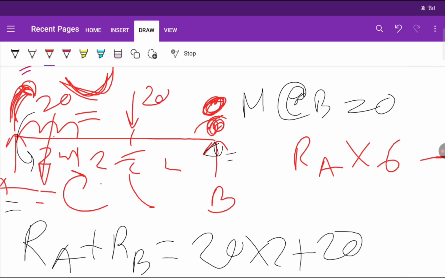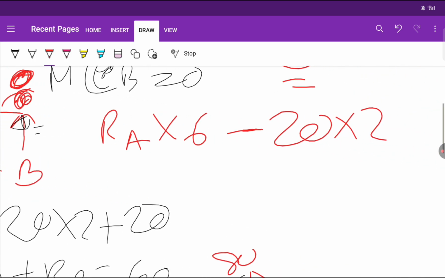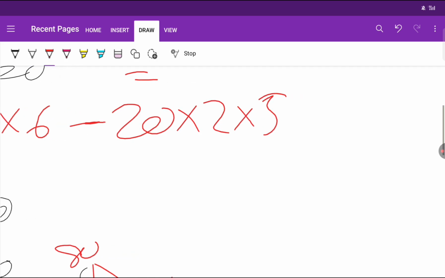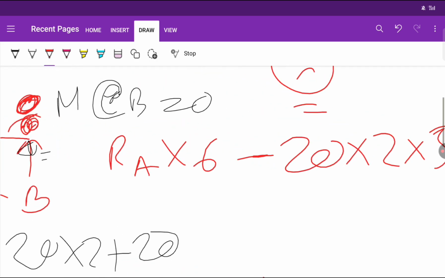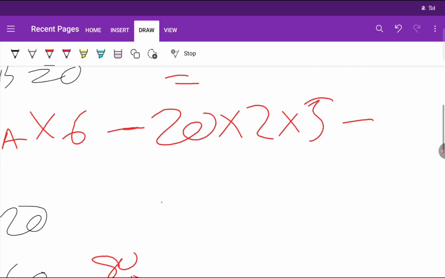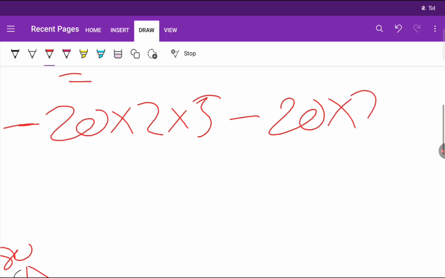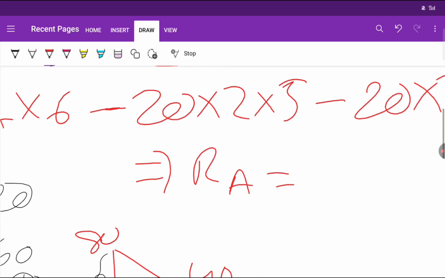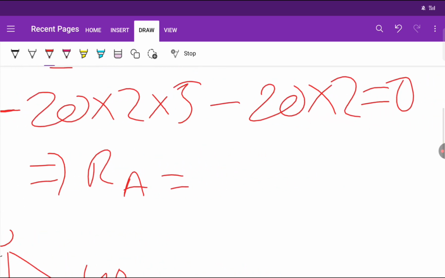Here 2 plus 2, that is 4, plus the central force is acting at the center, so that is 1. So 2 plus 2 plus 1, that is 5, okay? So minus the vertical load 20 into 2, that is 40, equals 0, right? Calculating RA, you will get 40.